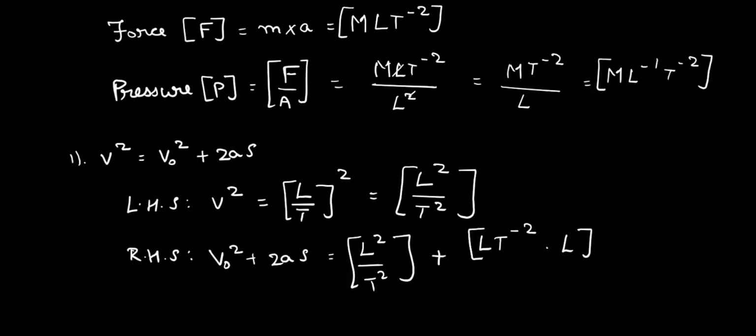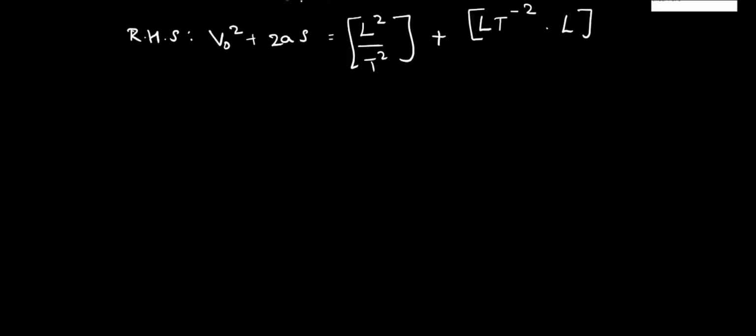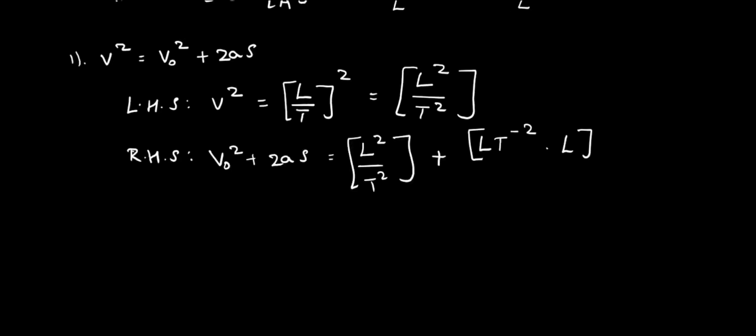So if you look carefully, it is in multiplication, so it can be written as L into L, which is L square. So we have L square by T square for V naught square, plus this L T power minus 2 can be written as L by T square into L, so it is L square.